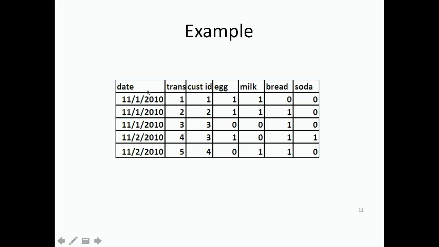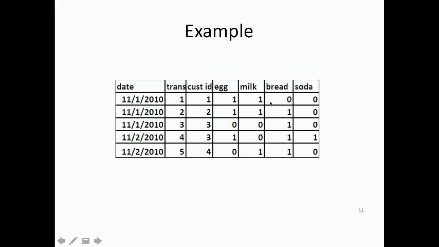This is an example of 5 transactions. Transaction IDs are here: 1, 2, 3, 4, 5. The dates are on 2 days, November 1st and November 2nd. There are different customers, altogether 4, and customer 3 purchased twice, over 2 different days.